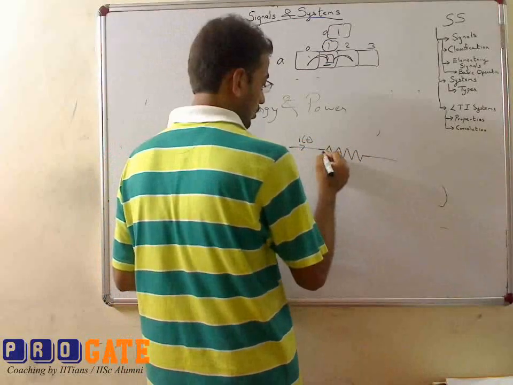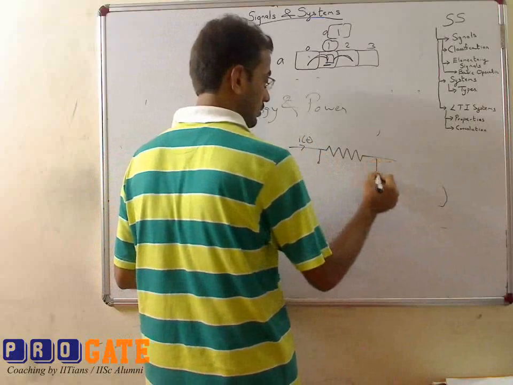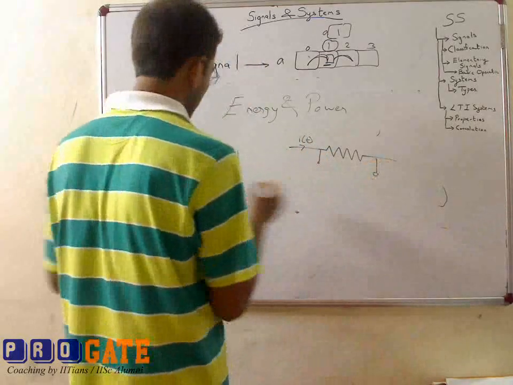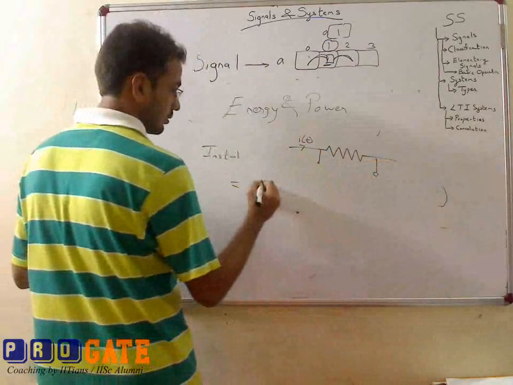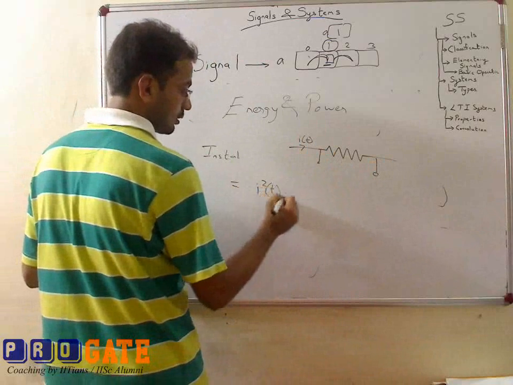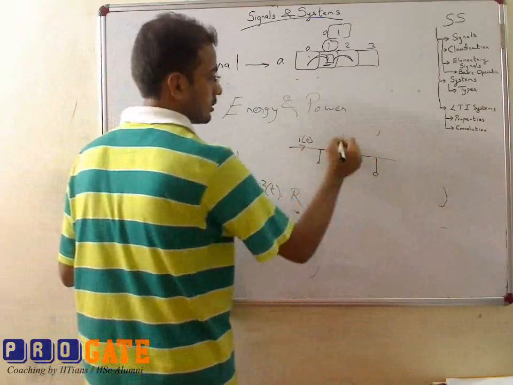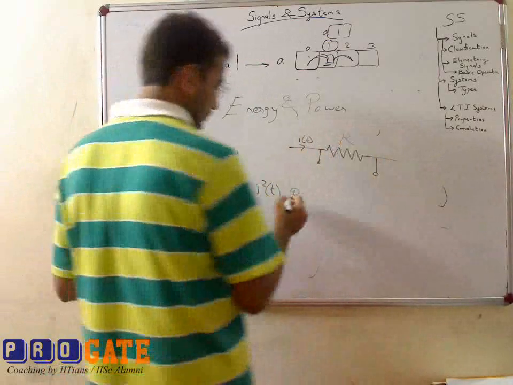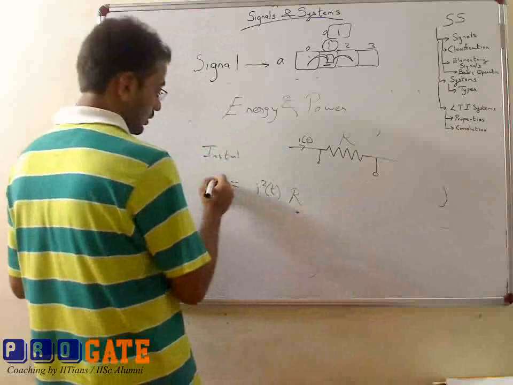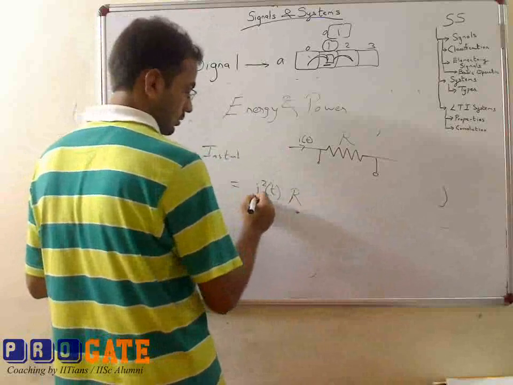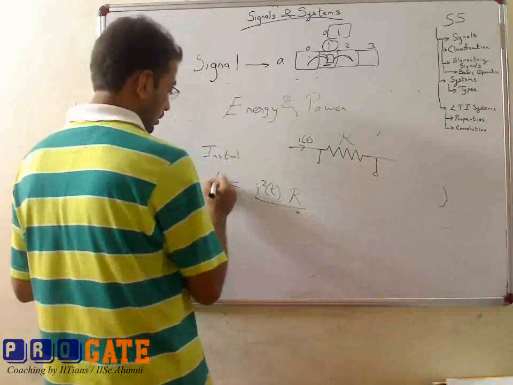If I want to find the instantaneous power, what will be the equation? It is i squared(t) times R, where R is the resistance. This is my instantaneous power.